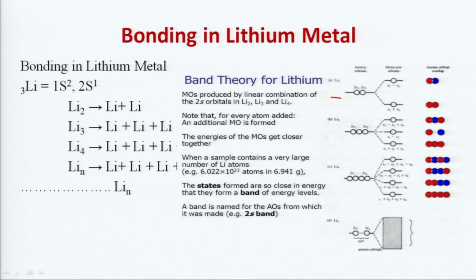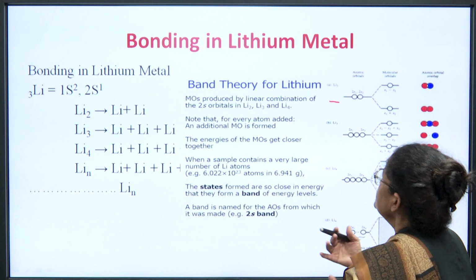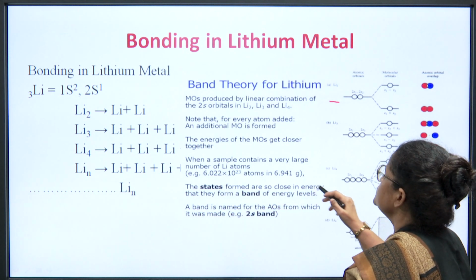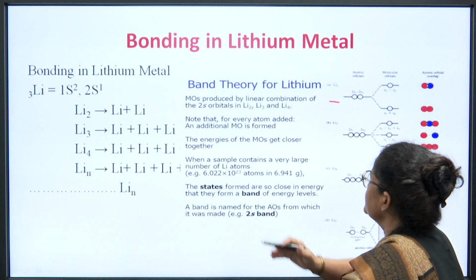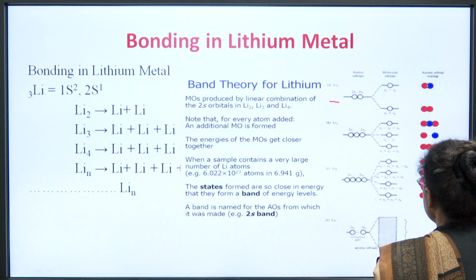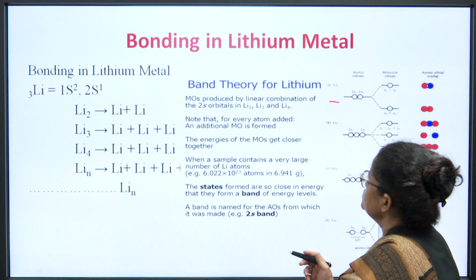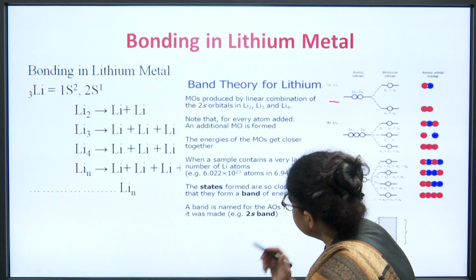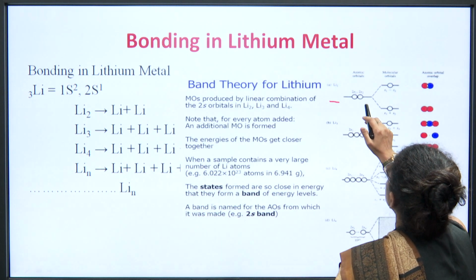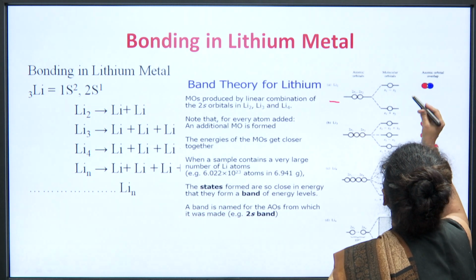So, when a sample contains a very large number of lithium atoms, as I said, of the order of Avogadro's number, the states formed are so close in energy that they form a continuum. This is known as a band of energy, and thus the band theory. Now, let us have a look. 2 lithium atoms over here. So, one BMO and one ABMO.